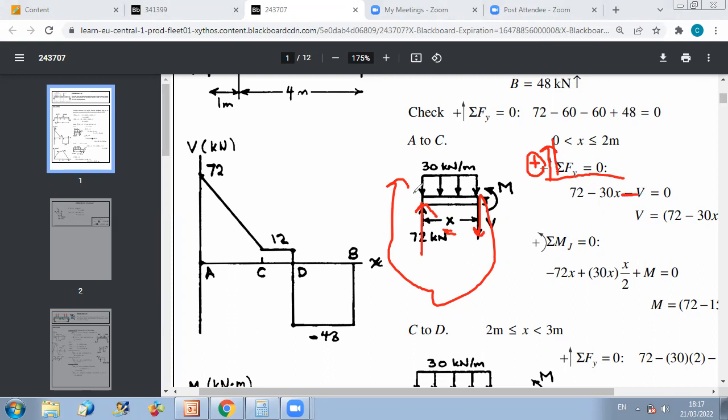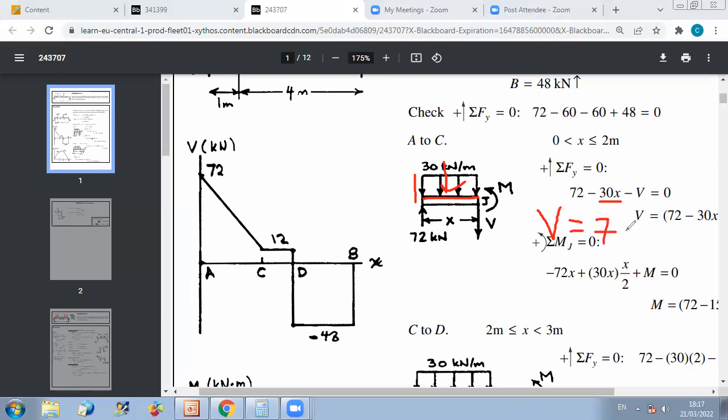And now this distributed load is equivalent to a resultant force equal to the area of the rectangle. The area of the rectangle is the height, which is 30, times the length, which is x. So 30 times x, and since it's downward, it's minus 30 times x. So I deduce that in section 1, V is given by 72 minus 30x, which is a linear decreasing function.